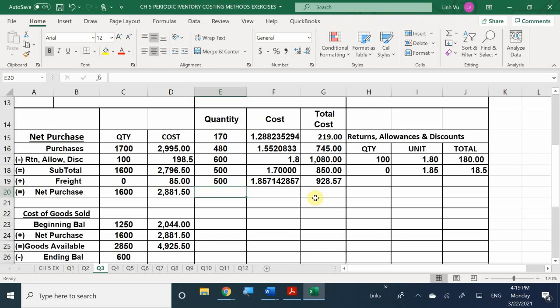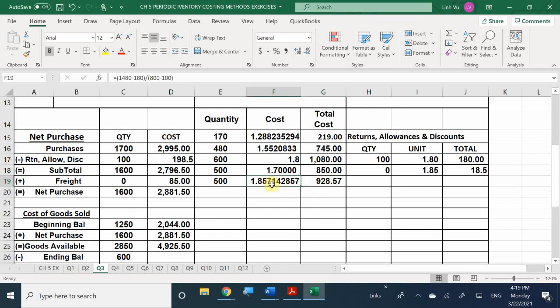I don't know why my cost came out different. Okay, so it's 500 times the 1.85741 yada yada yada. So how did you calculate this? Oh, that was the equation that you typed in, right?